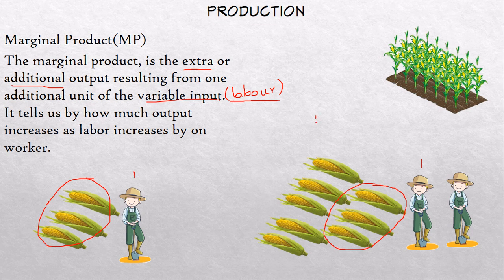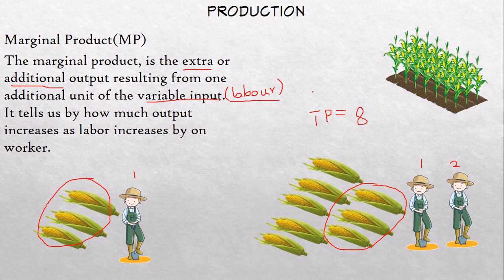Now my total product, remember what I said about the total product. When my labor is 2, so when I have two farmers, then the total product is going to be 8.